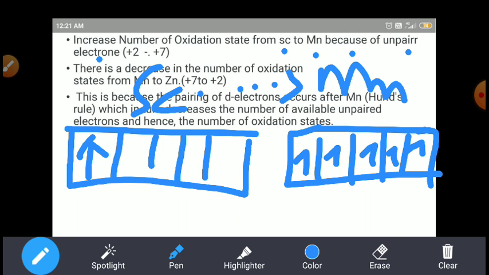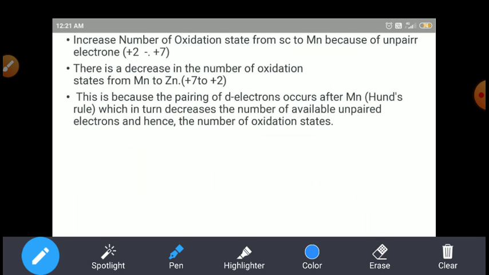So when you move from scandium to manganese, the number of unpaired electrons increases. Due to the increased number of unpaired electrons, the oxidation state increases from plus 2 to plus 7.